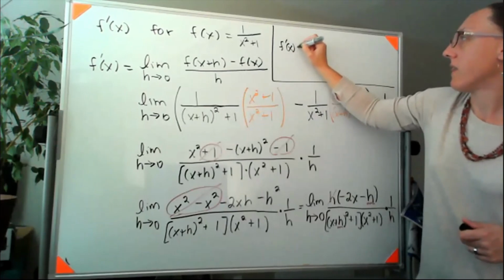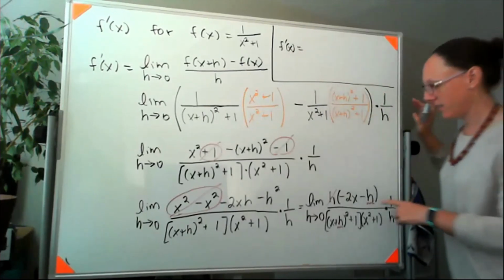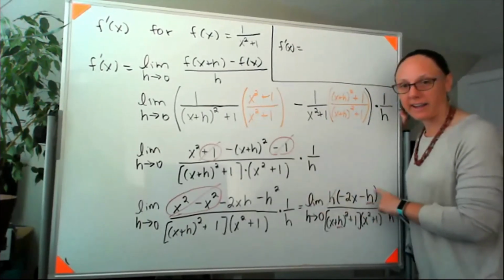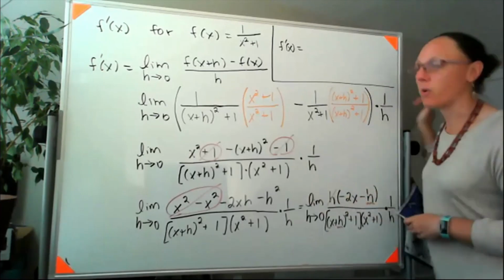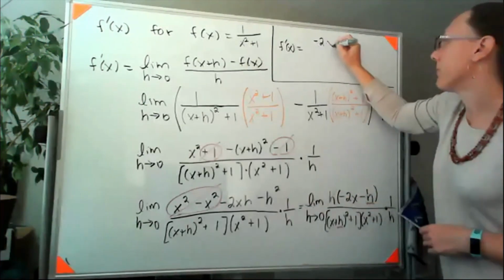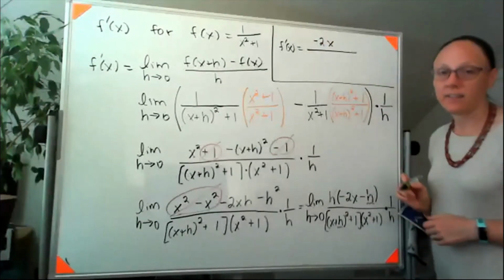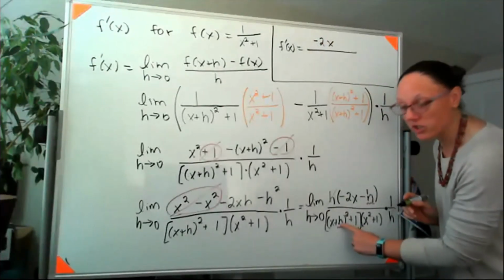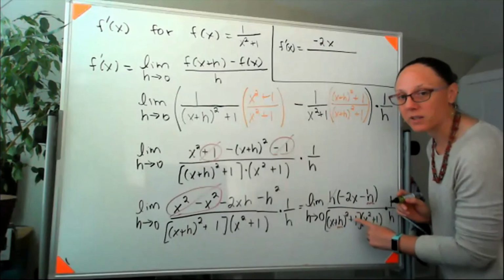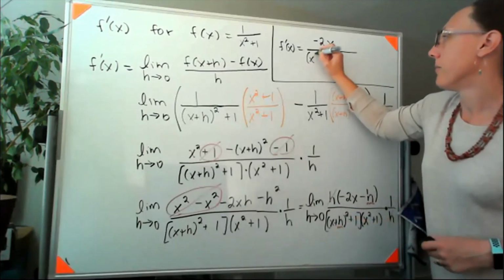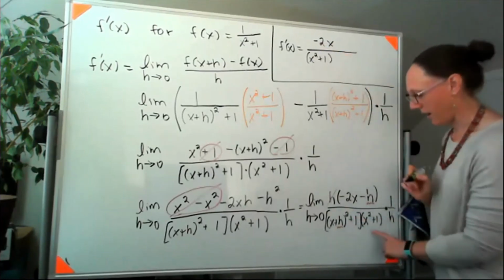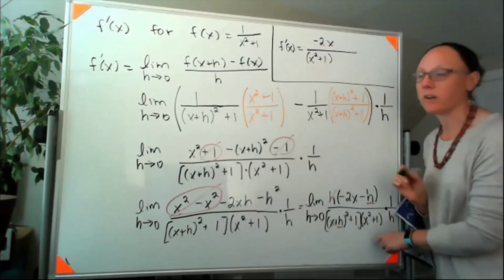And get that f prime of x. So in the numerator, that h goes to 0, and I've got negative 2x. And in the denominator, when that h goes to 0, I've got x squared plus 1 times another x squared plus 1.